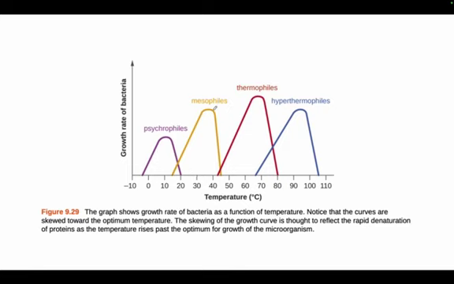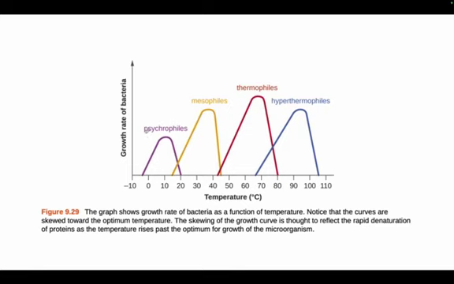But some bacteria like to grow at higher temperatures. It all depends on what the natural environment is. For example, there are bacteria like Pyrococcus, which naturally grow in volcanic vents, and you can imagine those are very hot places. So they grow best at extremely high temperatures, like 90 to 100 degrees Celsius.